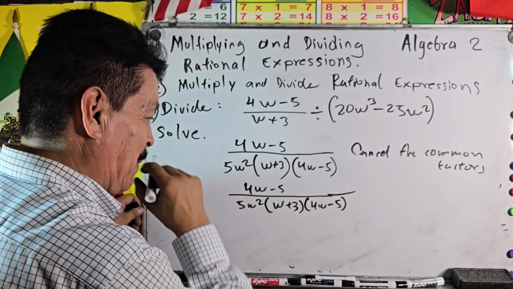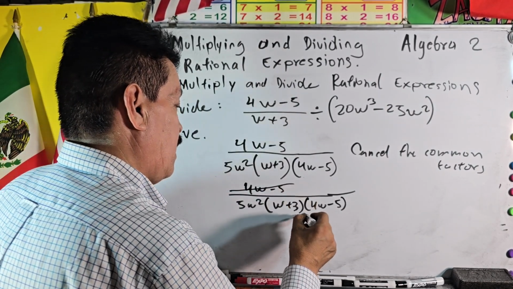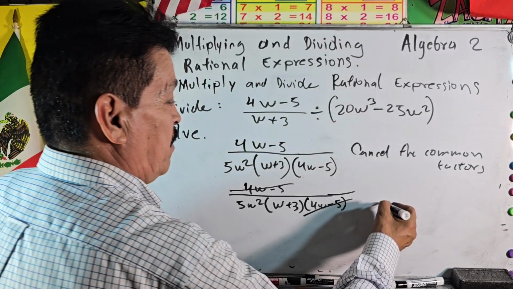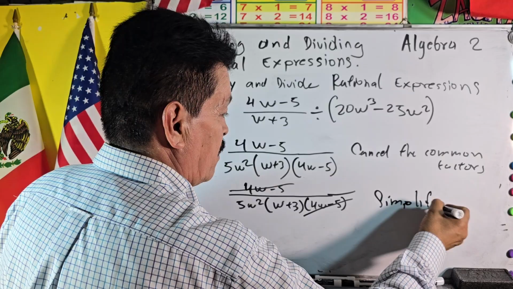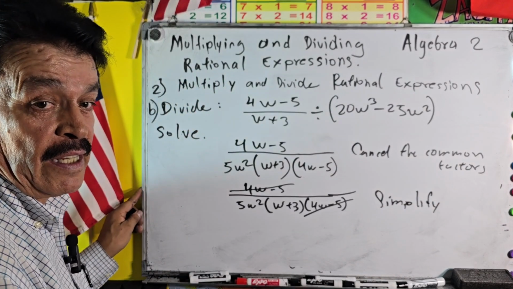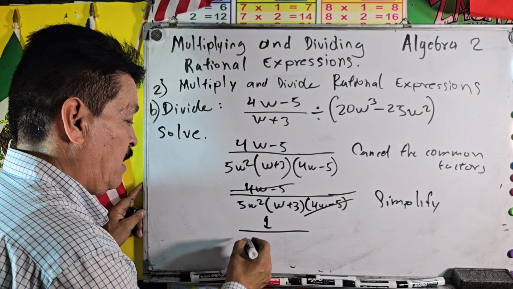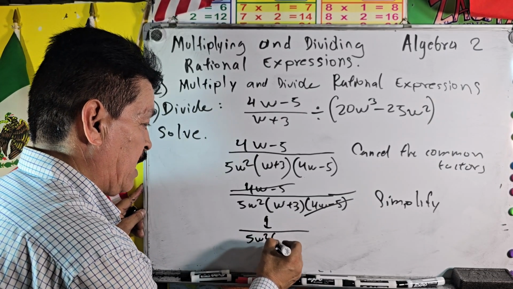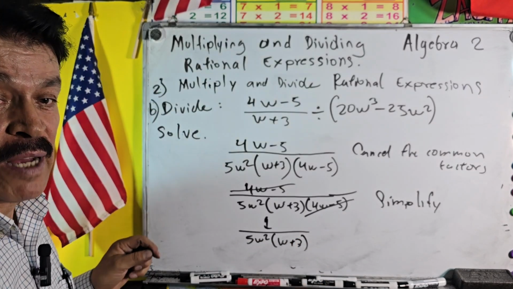So we cancel which one? Cancel this one and this one, right? See now? Now simplify. You will have 1 on top, and then in the bottom, 5w to the second power times w plus 3. That's it, right?